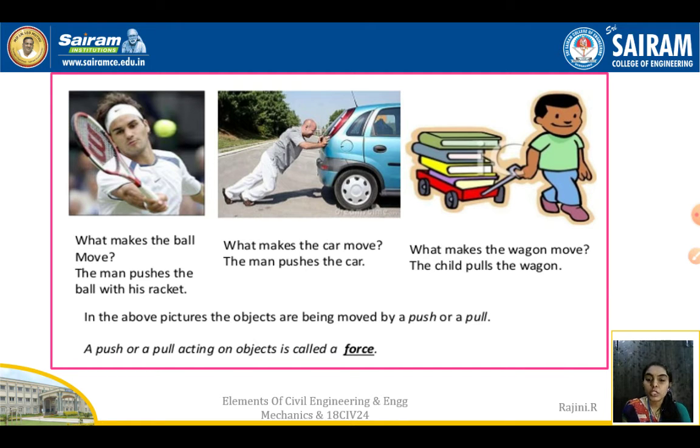In the above picture, the objects are being moved by push or pull, right? We have to classify which is pull and which is push. A push or a pull acting on an object is called force. Pushing is also a force and pulling is also a force. Both are forces.